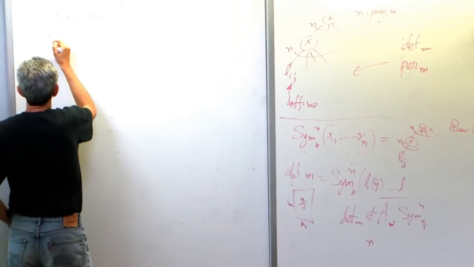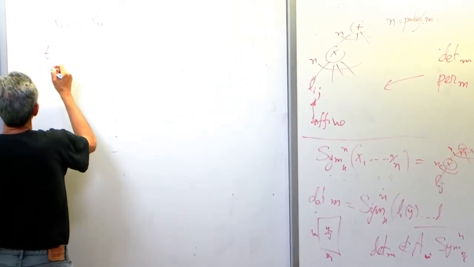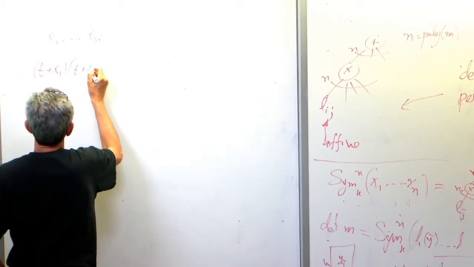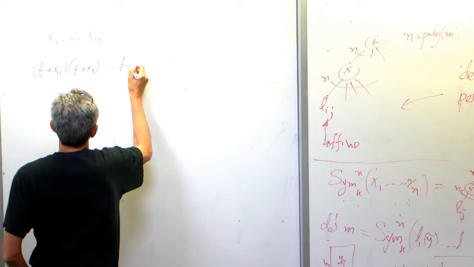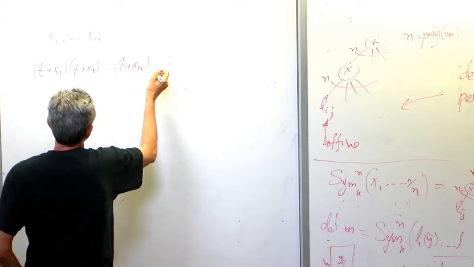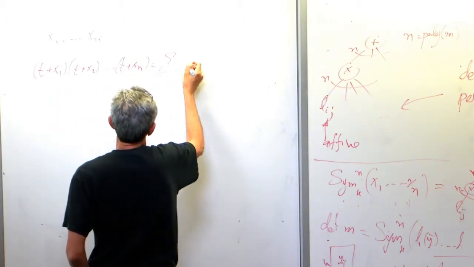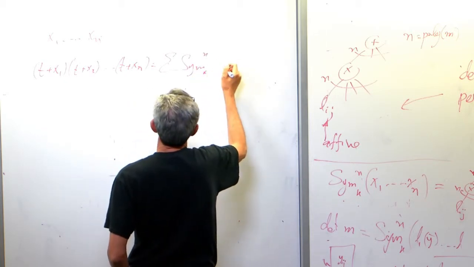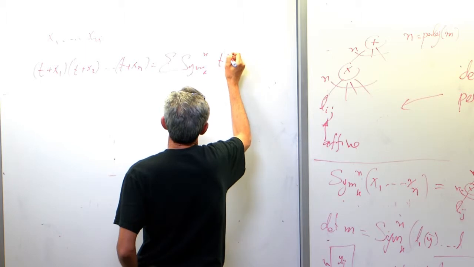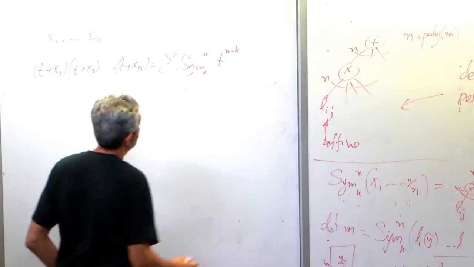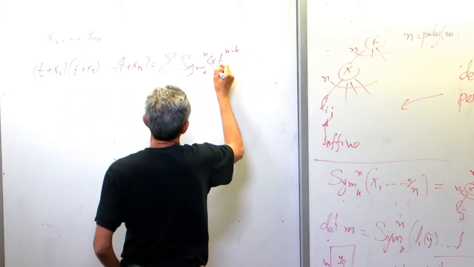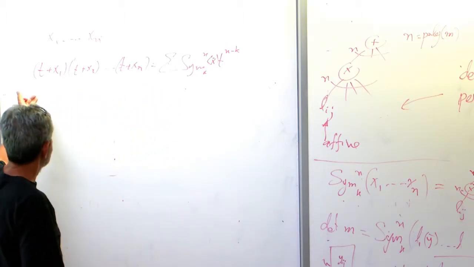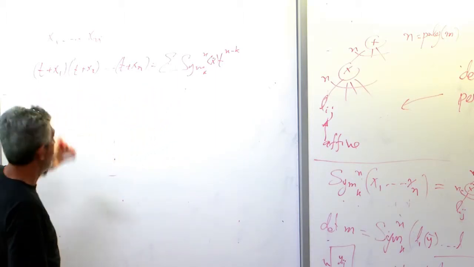So I take some variable t, and I look at this product, (t plus x1) through (t plus xn). This is just simply the sum of the symmetric polynomials, and here we have t to the n minus k. This is the circuit.